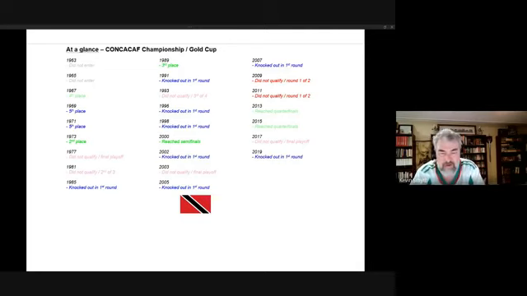So we'll never know really how they might have done. Their next successful period was reaching the quarterfinals twice in a row in 2013 and 2015. But apart from these 6 successes, which I've described, they either failed to qualify, which was 7 times, or were knocked out in the group stage effectively 10 times.